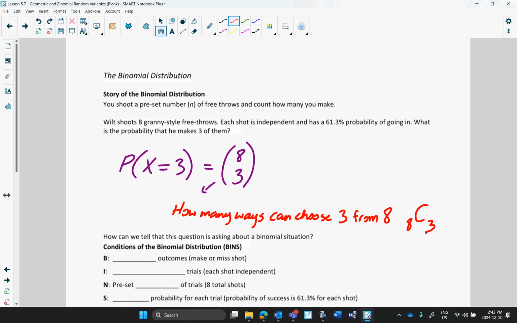Now, you guys learned, and those in my pre-calc class this year will learn how to do this using a formula. But you don't need to, okay? You can actually use your graphing calculator that we'll talk about in a second. You're going to be able to use a graphing calculator function that does all of this for you. I just want to show you the basic formula.